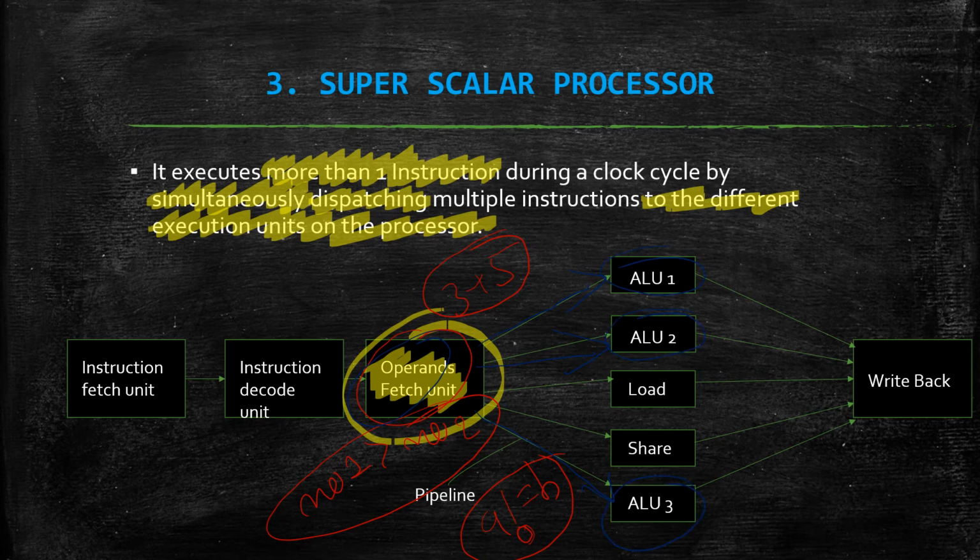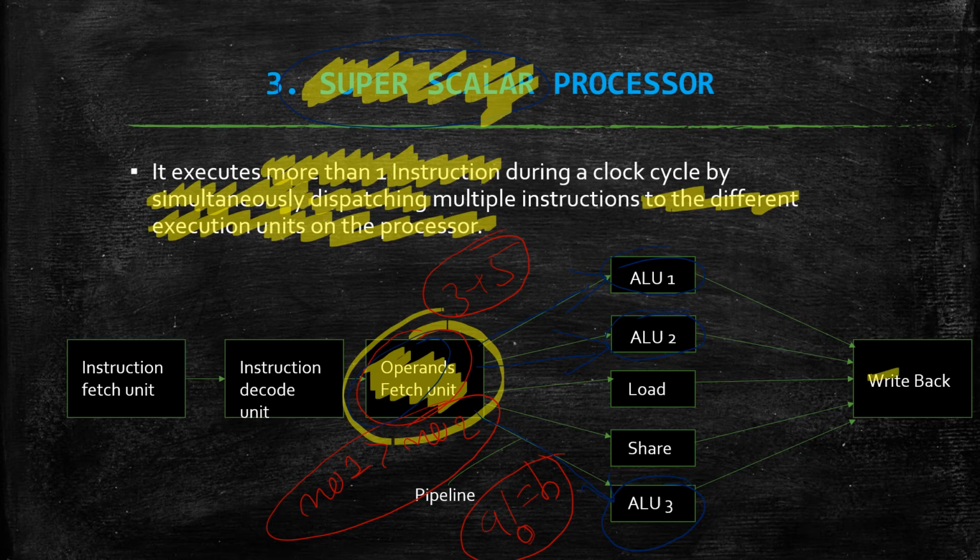And now all the processors will perform all the operations in parallel, and so we call it a superscalar. Because it can perform more than one instruction in a single clock cycle, and simultaneously it dispatches multiple instructions to the different execution units on the processor, right?